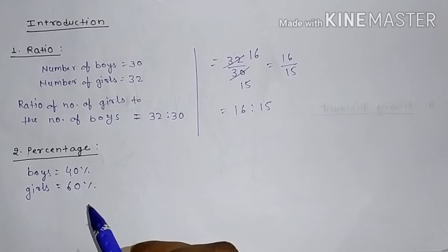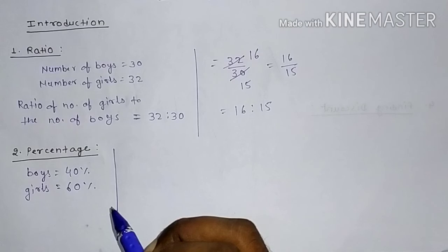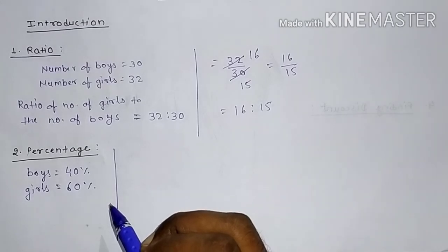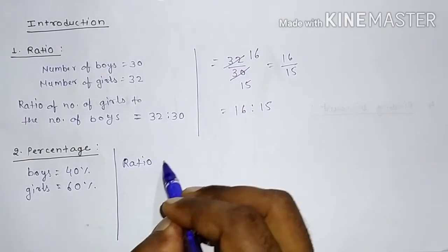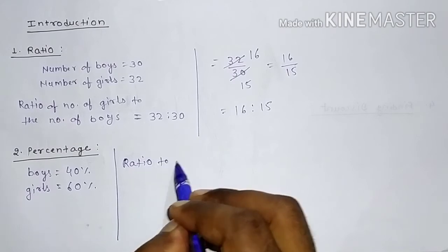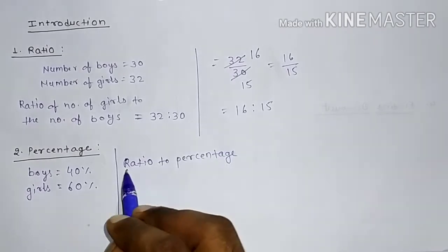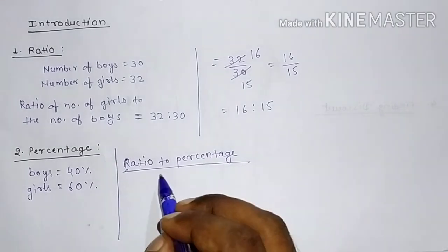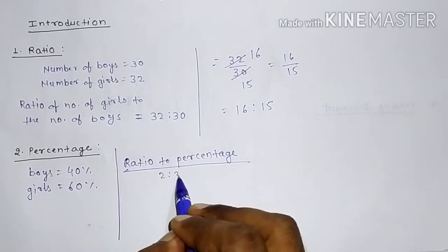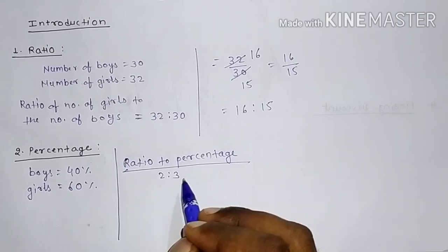Now, how can we convert ratio to percentage? So if a ratio is given and we have to convert it into percentage, then what we will do, let's suppose 2 is to 3 is given and we have to convert it into percentage.